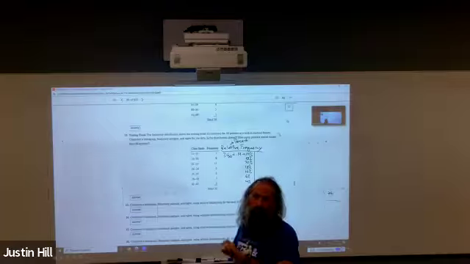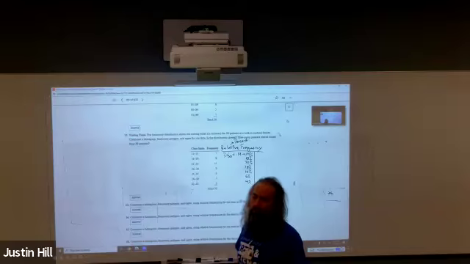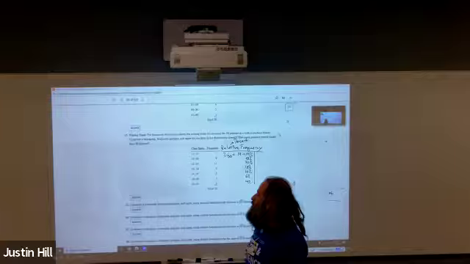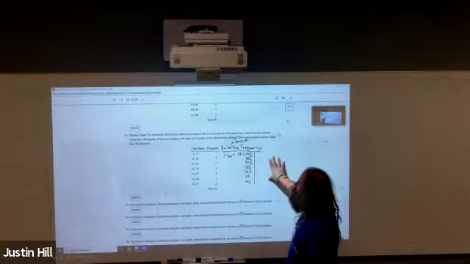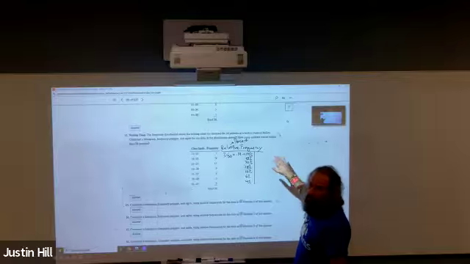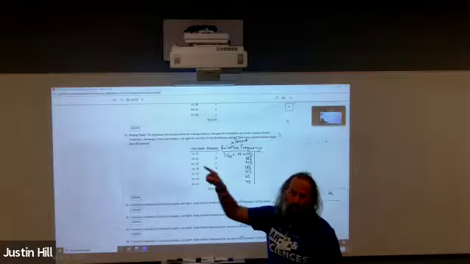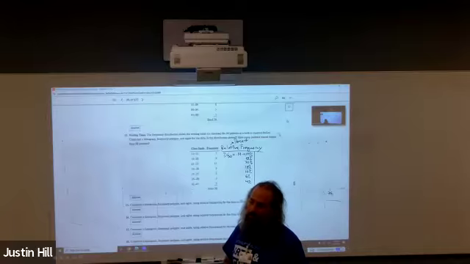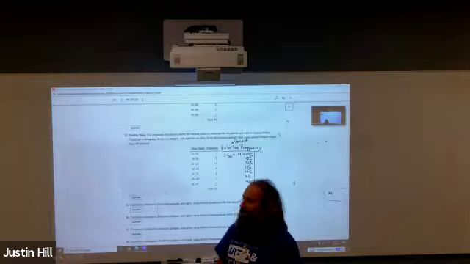You just have to mark the midpoints. And then for the ogive, you would make your cumulative relative frequency or your cumulative frequency using these percentages, and then graph that out as a line graph. So it's the same process from there.